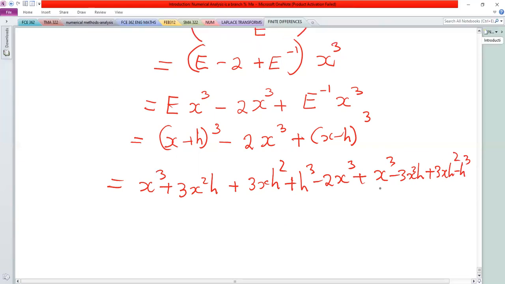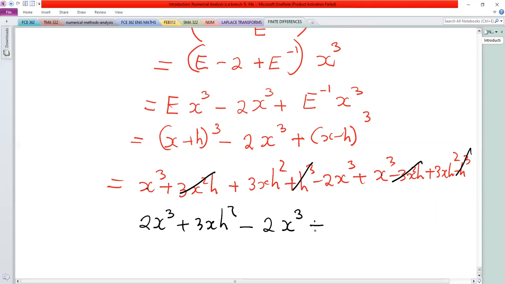So here minus h cubed and positive h cubed cancels out. This minus and this cancels out. And so we'll have x cubed plus x cubed will be 2x cubed plus 3xh squared minus 2x cubed, and then plus 3xh squared. So you see this one and this one cancels out.